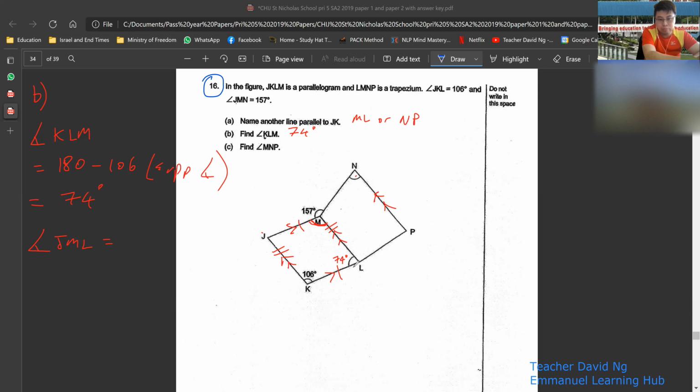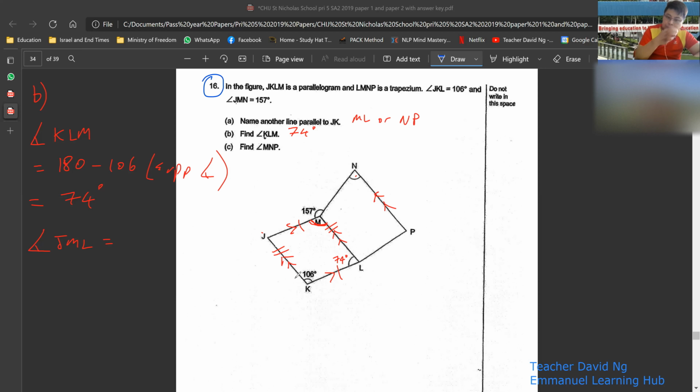Is it 157? No, JML is not 157 because they are not vertically opposite. JMN is 157. JML is not 157. Is JML equal to 74? Nope, it's not 74 because 74 is here.